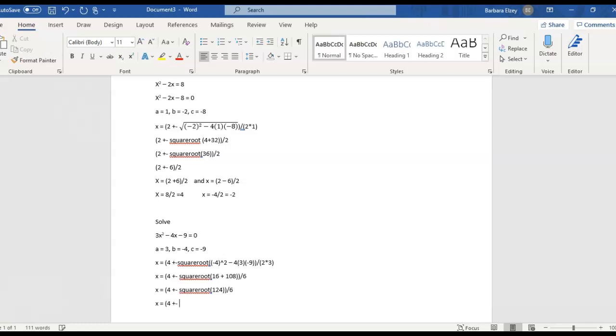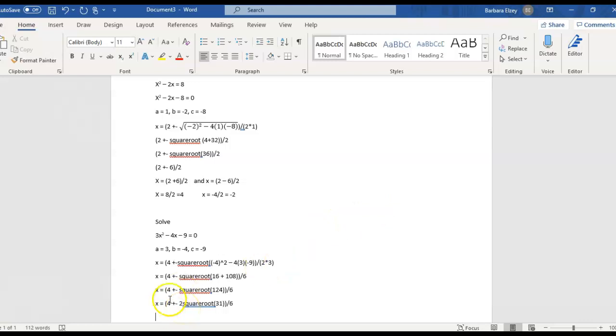I can take the square root of 4, that's 2, and I'll still have the 31 inside of that square root. Okay. Now, here's where we need to do some canceling.